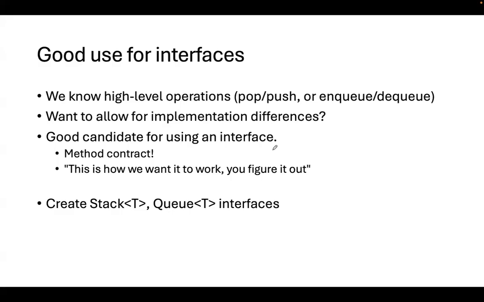I could store it in an array, I could store it in a linked list, but I could also make a new field for everything that I have. I could choose to do it some wild other way, and I don't want to prescribe how you have to do it. So I'll make an interface, which is how I want it to work, and you figure out how to do it. So let's open up Eclipse and create these interfaces.